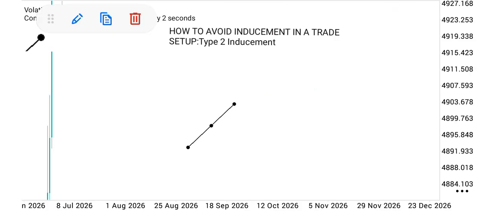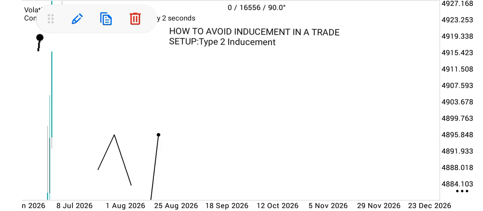Let's say we're having a downtrend. In the downtrend, we see the market does something like this. First, we want the market to give us a sweep of liquidity, which the market has given us.